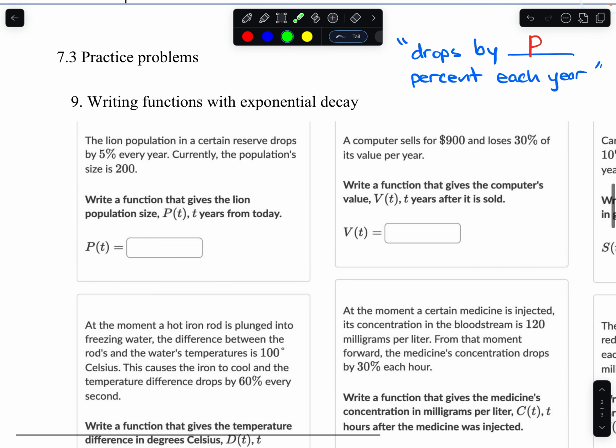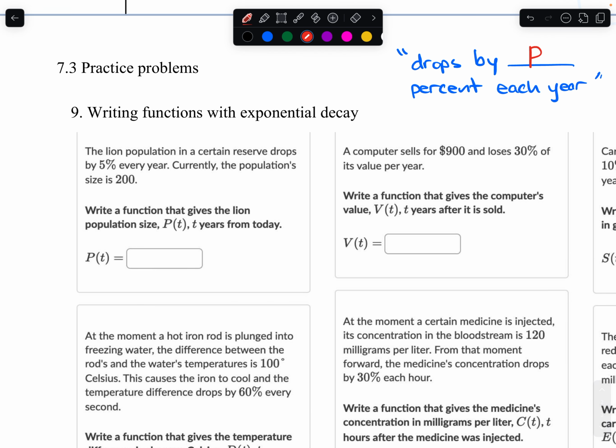So let's try it here. It says that the population drops by 5% every year, so our ratio is going to be 1 minus 5 over 100. It really just as a decimal, it's 0.05, 5 hundredths. That's our R value.